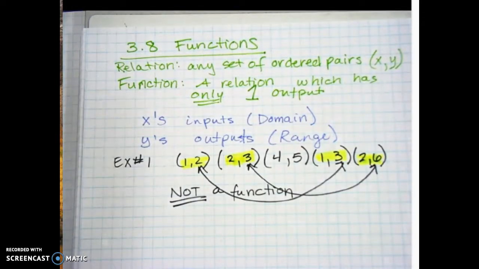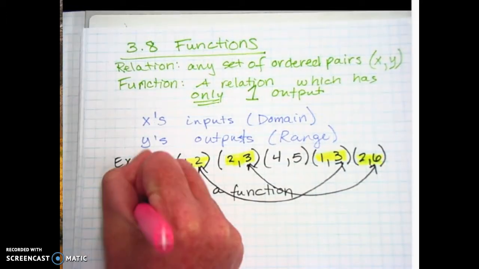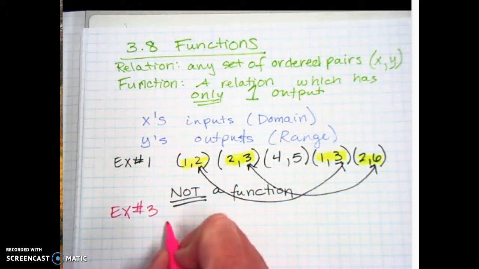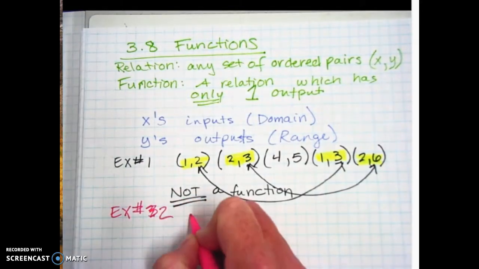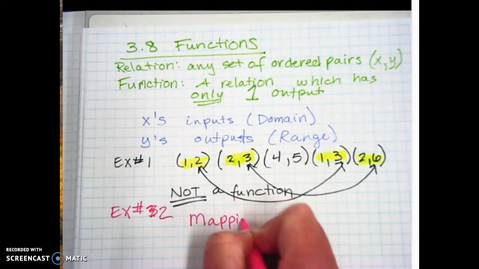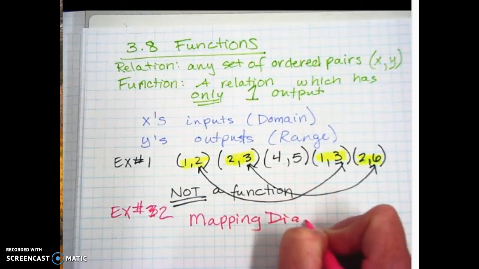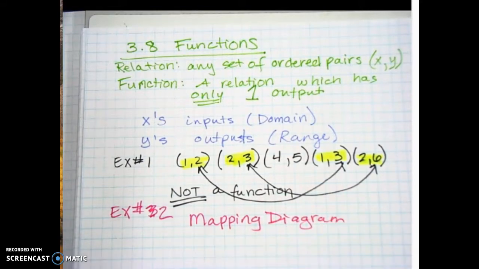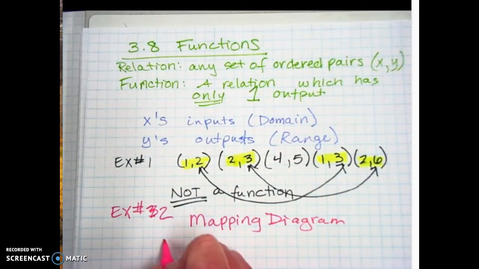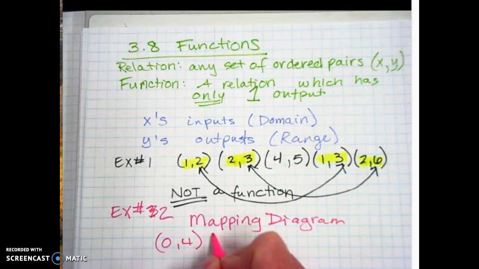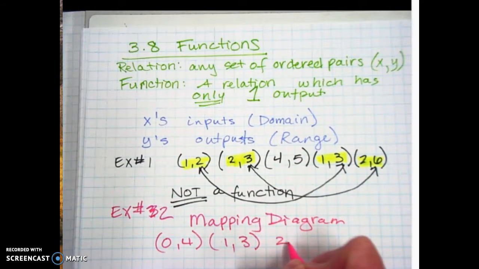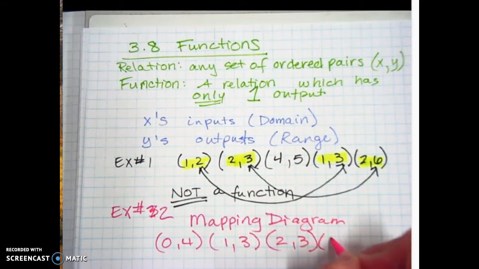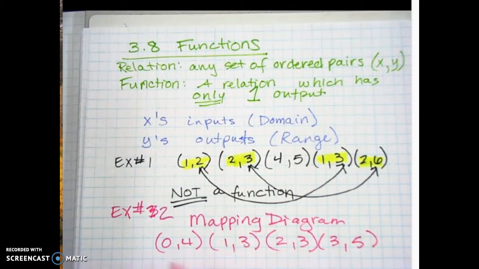Okay? On the assignment, you're going to be asked to do something called a mapping. Oh, sorry. Example number 2. A mapping diagram. You're going to take the points 0, 4; 1, 3; 2, 3; 3, 5; 4, 4; and 5, 4.